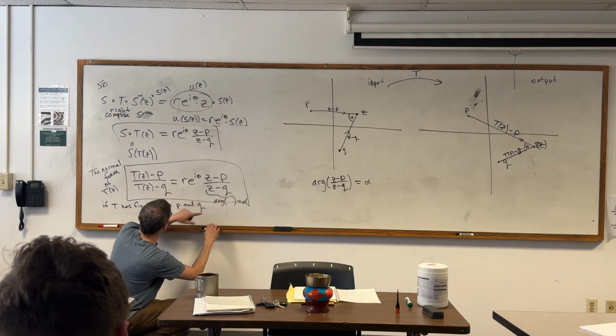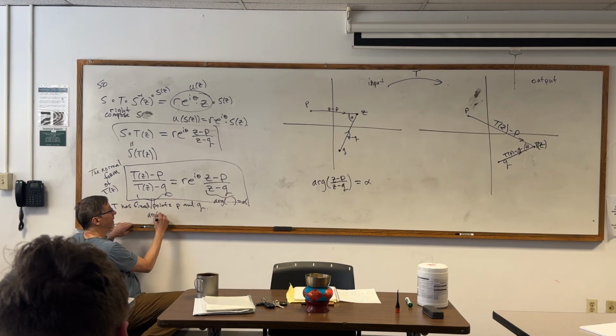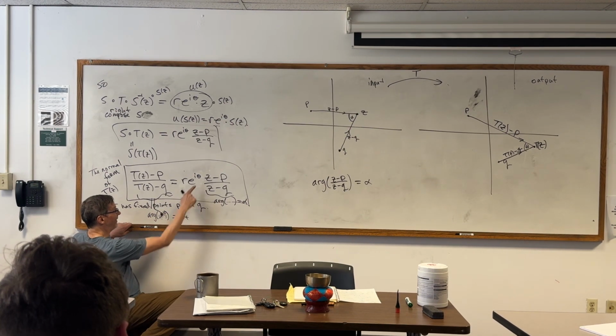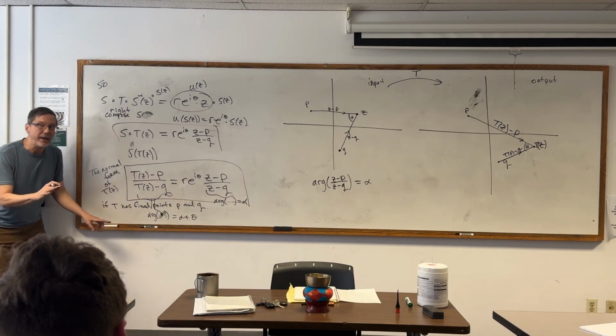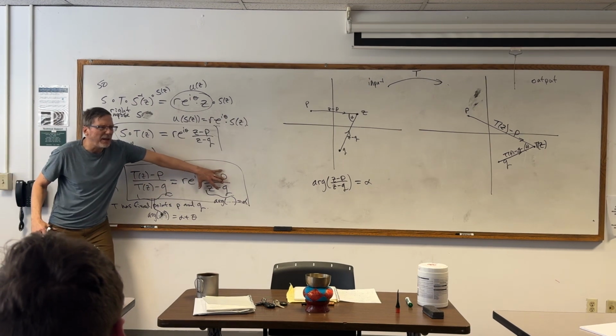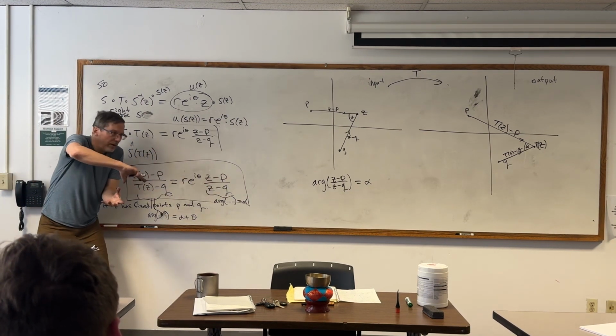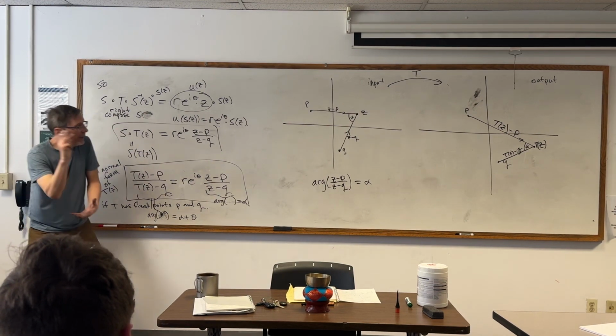Here I would add these two arguments. So this angle here, that alpha over there, arg of this thing, is equal to alpha plus this theta. So in other words, what it's saying is that T of Z is kind of rotating that point Z by theta relative to P and Q.